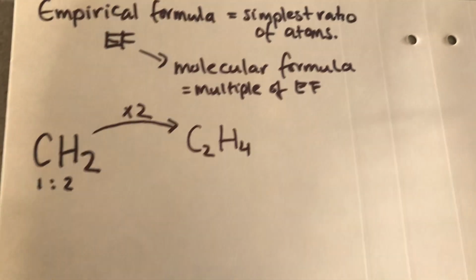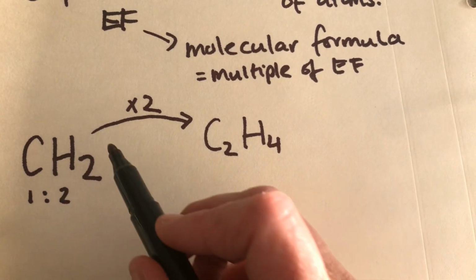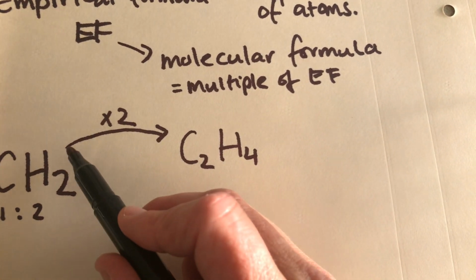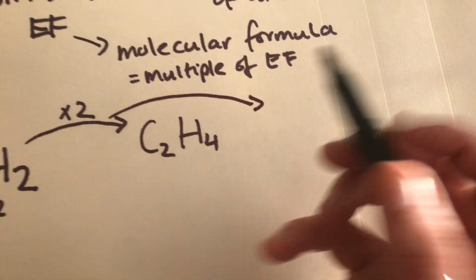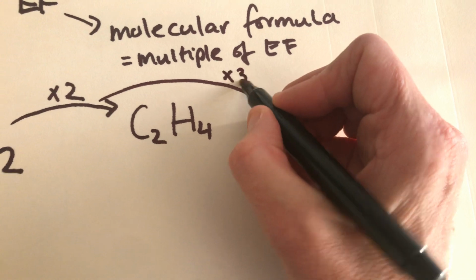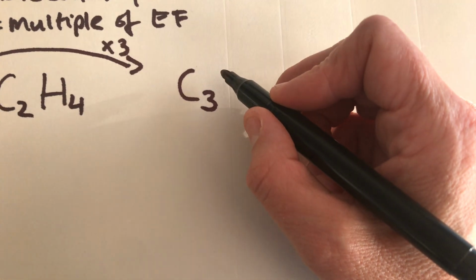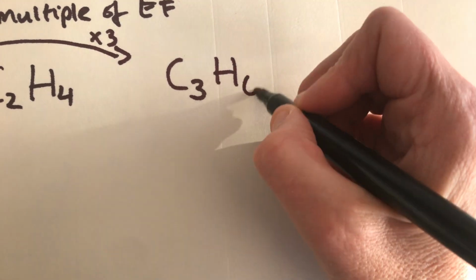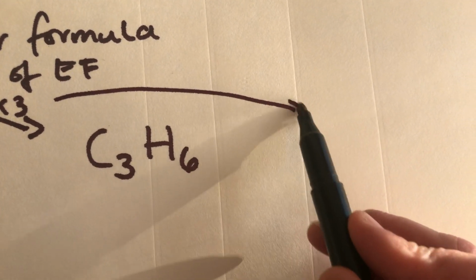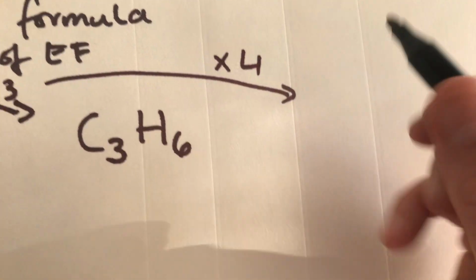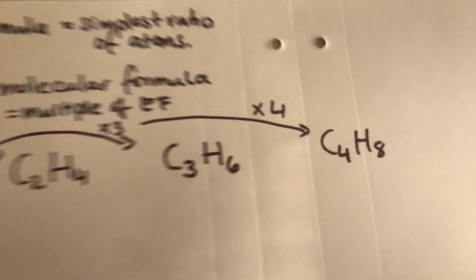Now that looks more like a molecule that could exist. If we multiply it by 3, we would get 3 C's, and 3 times 2 is 6 H's. And if we multiplied it from the start again by 4, we would get 4 C's and 8 H's.